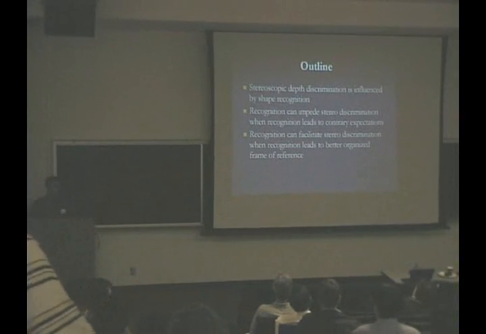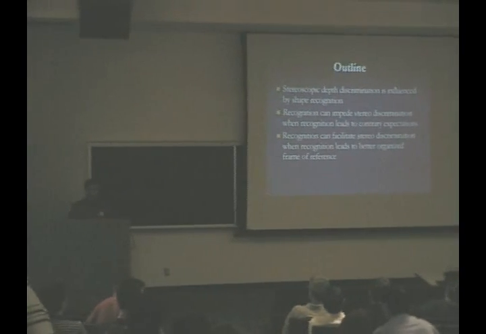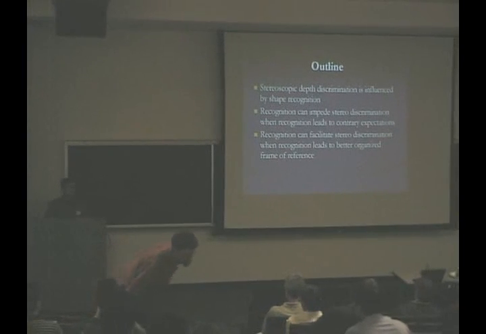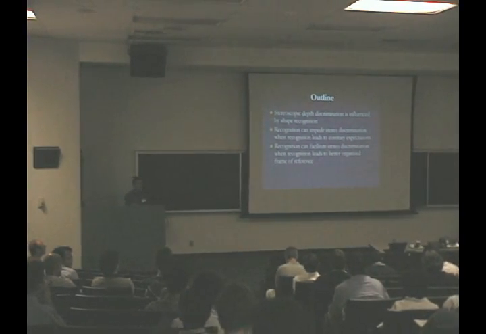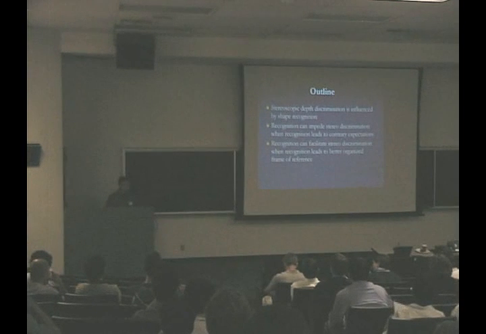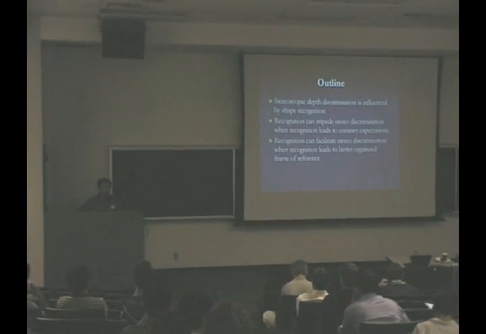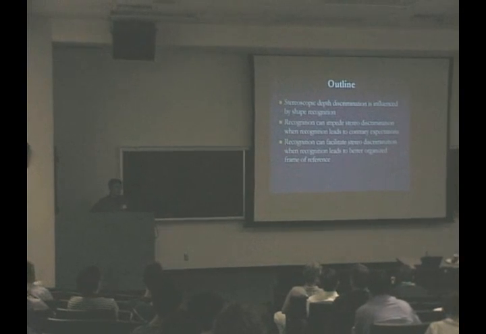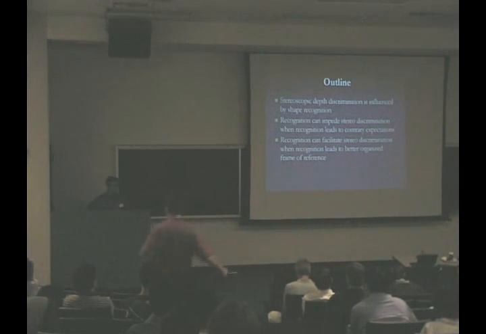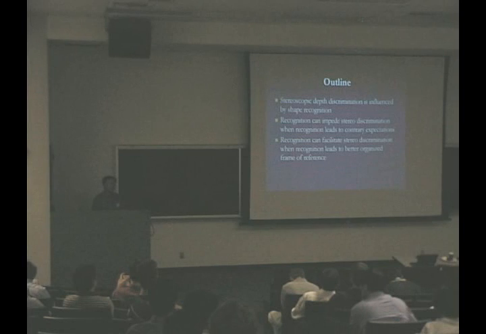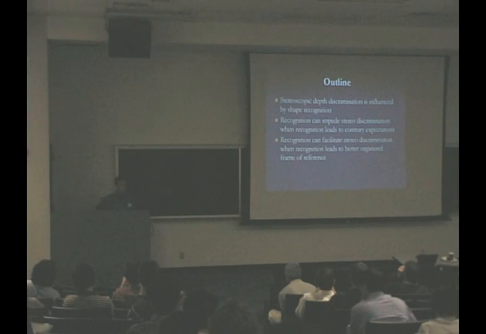We are interested in top-down, high-level influence on so-called lower-level stereo depth discrimination. In particular, I'm trying to provide evidence today that when top-down recognition information helps stereo depth discrimination, the second point first: when the top-down influence provides expectations contradictory to the physical stimulus information from stereo depth, recognition performance will be impeded.